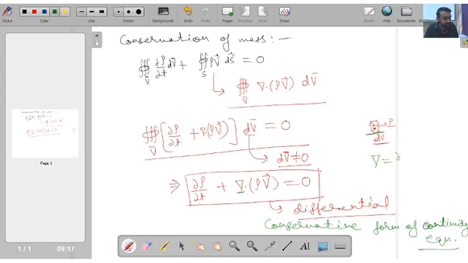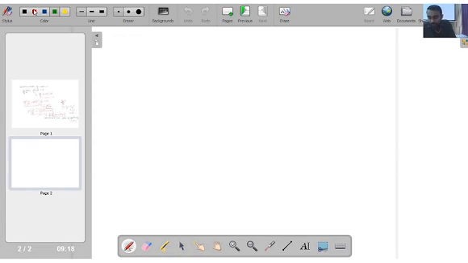That is taken care of by the del operator, which is equal to del by del x i cap plus del by del y j cap plus del by del z k cap. Okay, so this is our del operator over here. Now I have written the continuity equation in conservative form. Similarly, I can also write down the momentum equation.